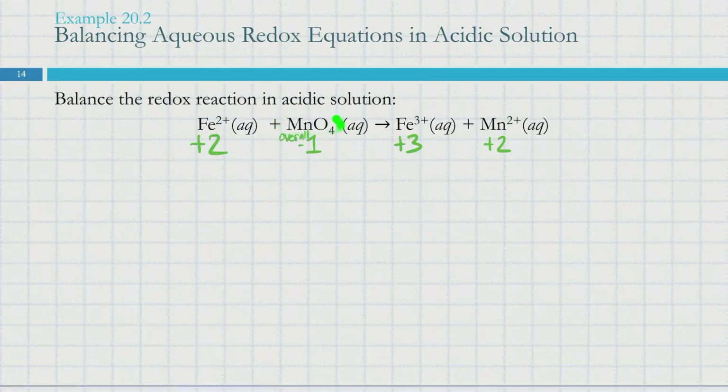Within this MnO4- ion, we've got oxygen and we've got manganese. Manganese is not a group 1 or a group 2 metal. It is also not fluorine, hydrogen, oxygen, group 7A, group 6A, group 5A for our nonmetals, right? Since it's a transition metal, it's going to pick up the balance of everything else. So oxygen gets its preferred pick of -2.